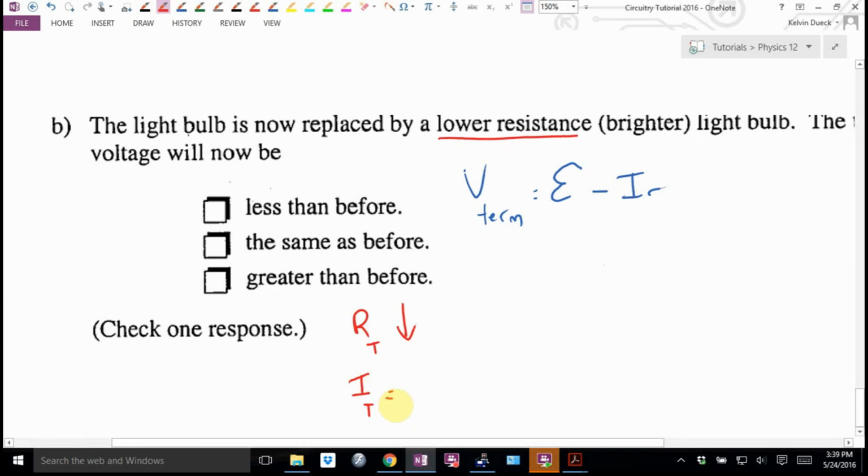I total is the total voltage, what's printed on the side of the battery, divided by R total. So what's going to happen to I total? Is it going to go up, go down, or stay the same if the total resistance gets smaller? Increases.